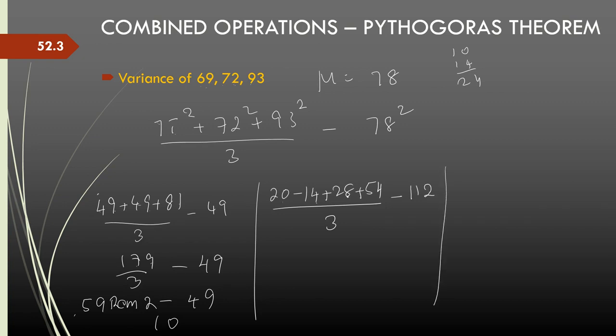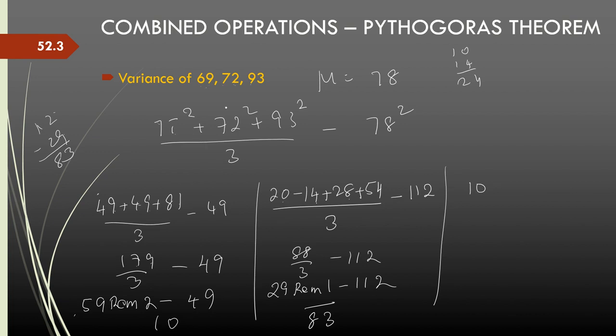So this is 88 by 3 minus 112. 88 by 3 is 29, remainder 1, minus 112. So now 29, so the remainder 1 goes here as 10, then 112 minus 29 is 83. So this is minus 83. So I write it as bar 83, and then 10.